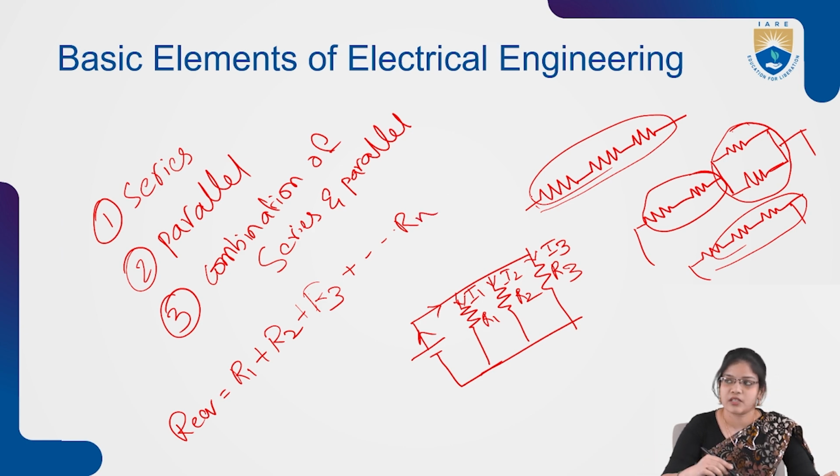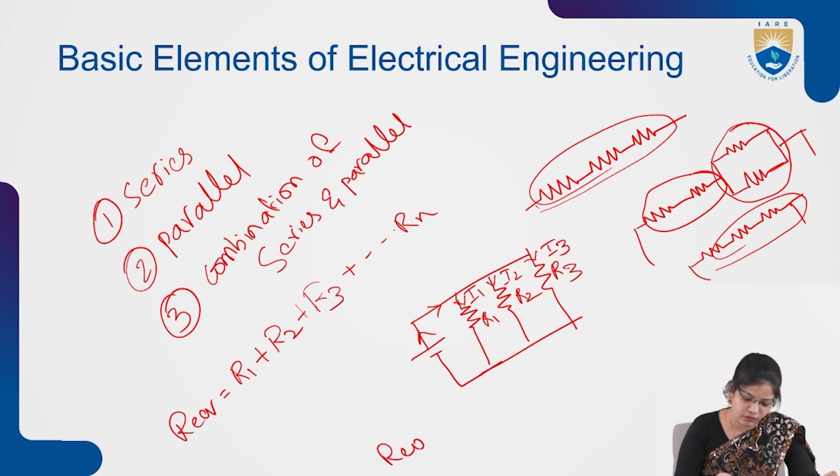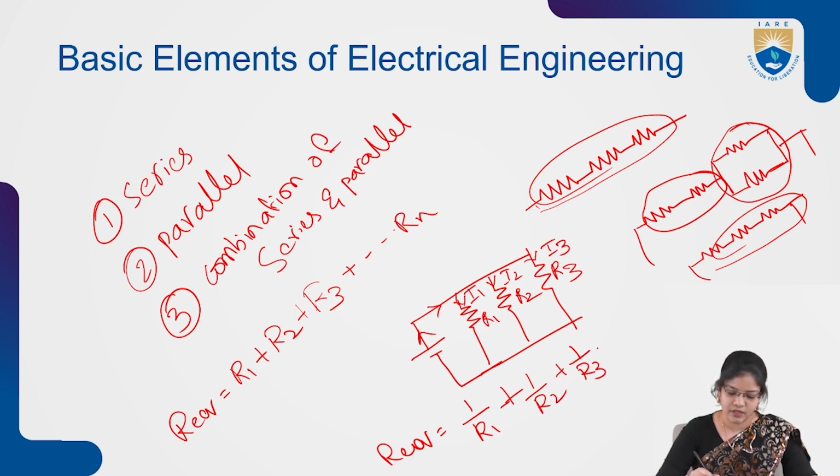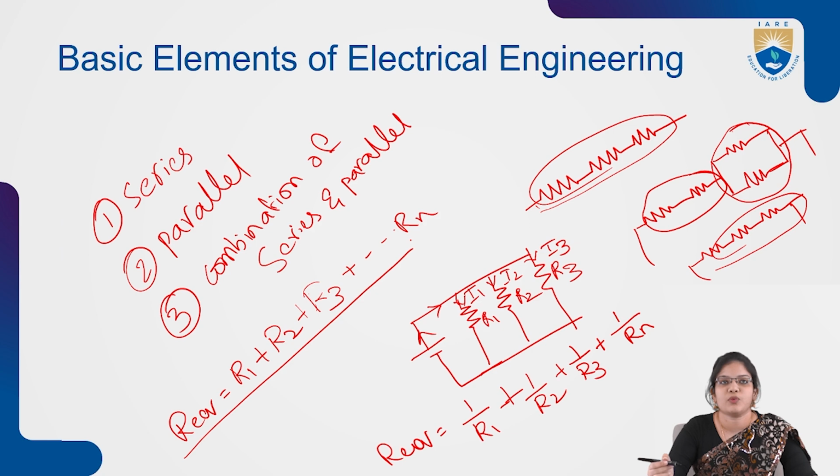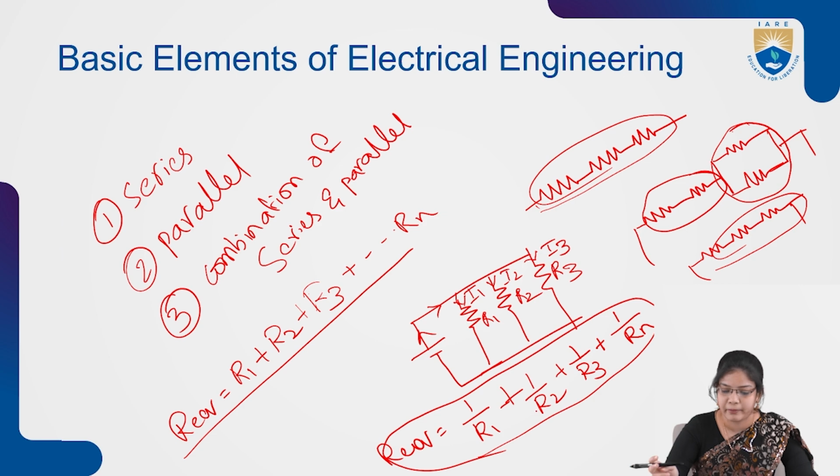If the circuit is connected in parallel, then the calculation of R equivalent will be 1 by R equivalent equals 1 by R1 plus 1 by R2 plus 1 by R3, and if n resistances are connected, up to 1 by Rn. In this way we calculate the resistances connected in series, and in this way we calculate the resistances connected in parallel.